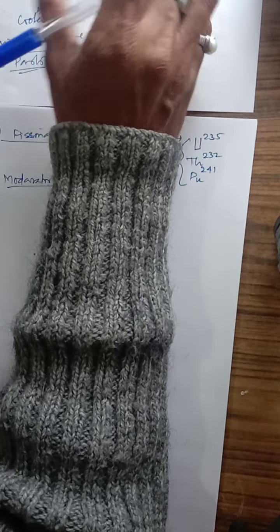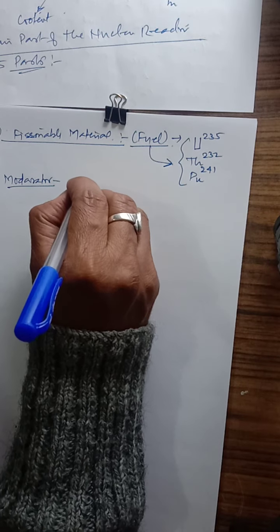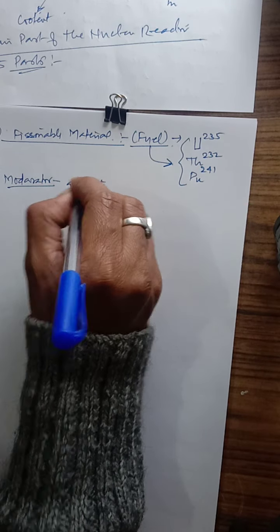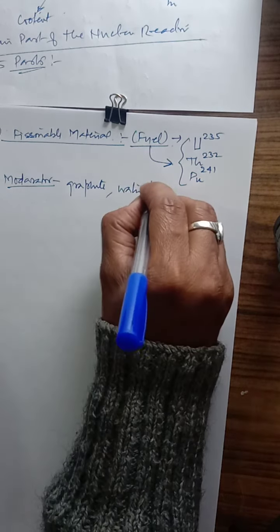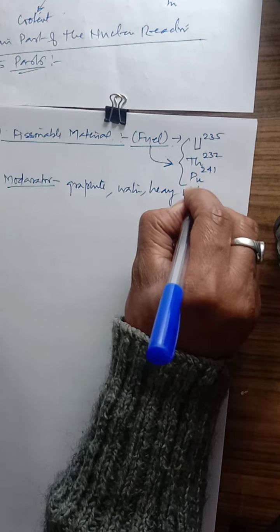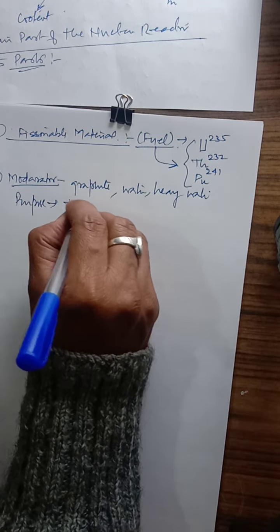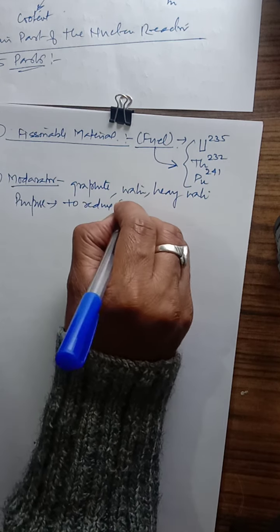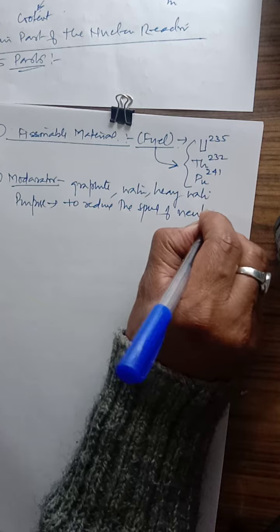The most commonly used moderator is graphite, or water or heavy water. The purpose is to reduce the speed of neutrons. This is the use of the moderator.